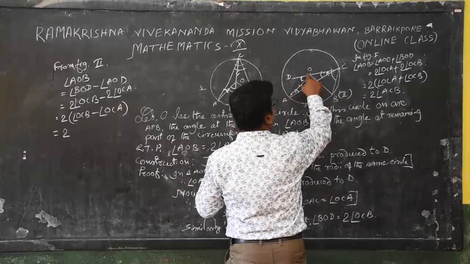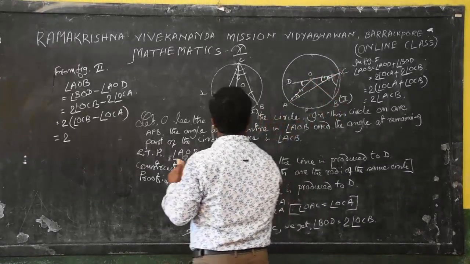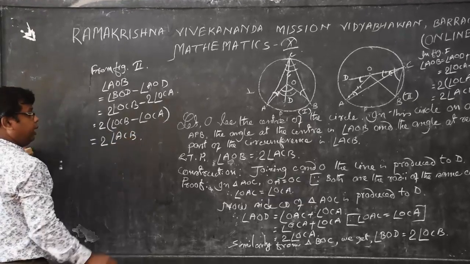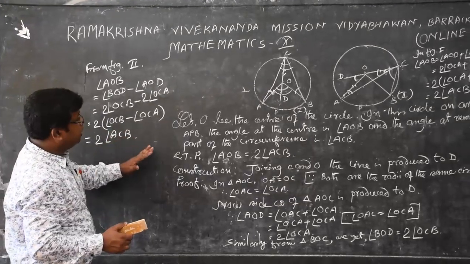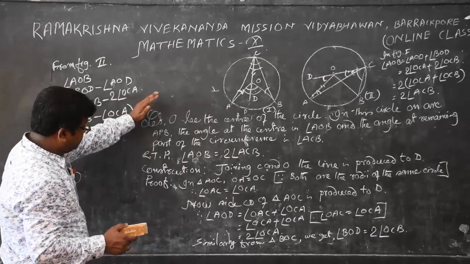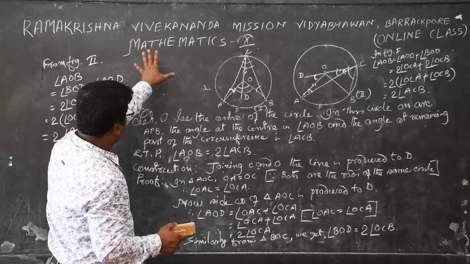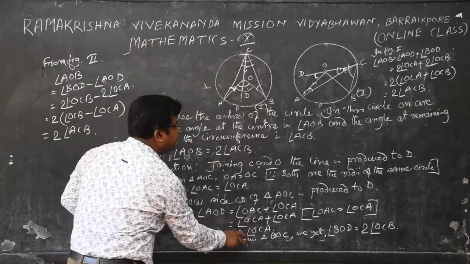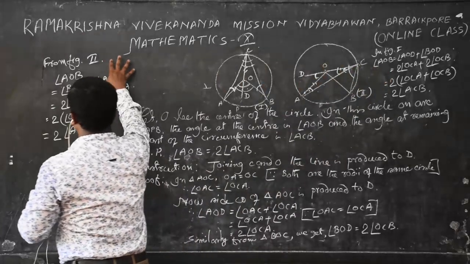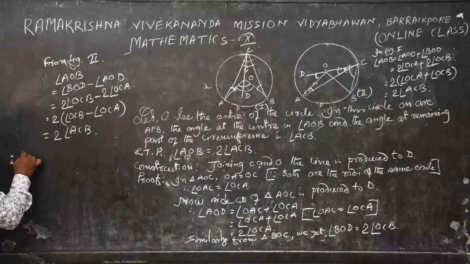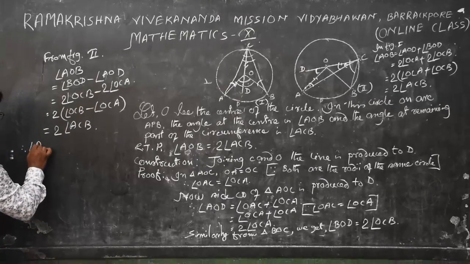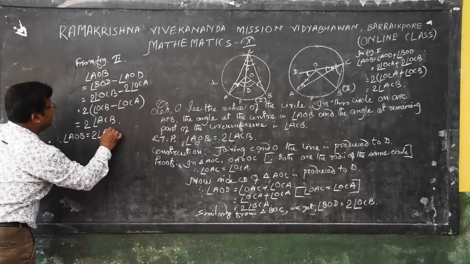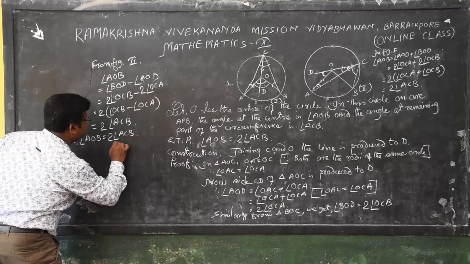So if we subtract angle OCA from angle OCB, we get angle ACB. I told you previously that you cannot write in this manner. You have to write on the same page, at first this part, then this part, then this part. At last you have to write: therefore angle AOB equals 2 angle ACB. Proved.